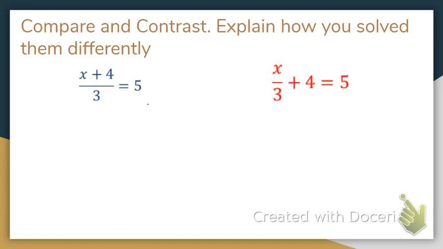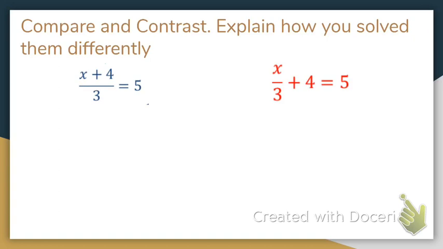Okay, so the problem in blue here, this x plus 4, is a binomial. It's together, and the reason we know is because this fraction bar is underneath both the x and the 4, so you can't really separate that.